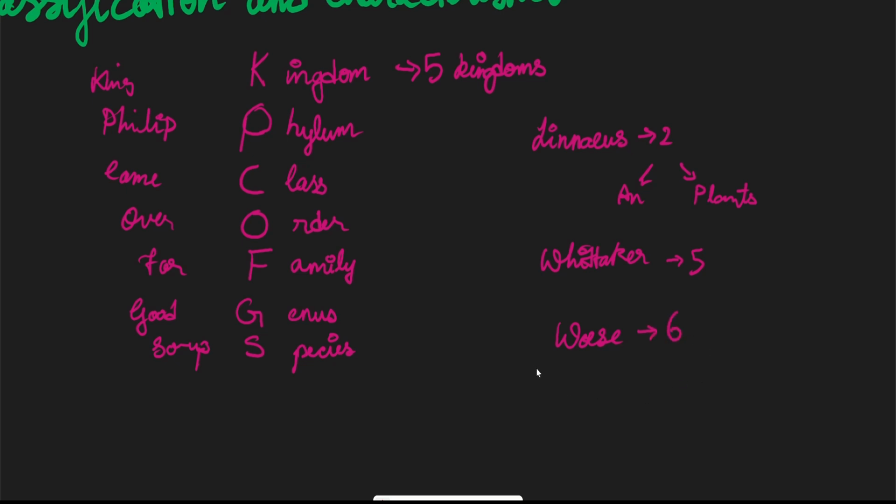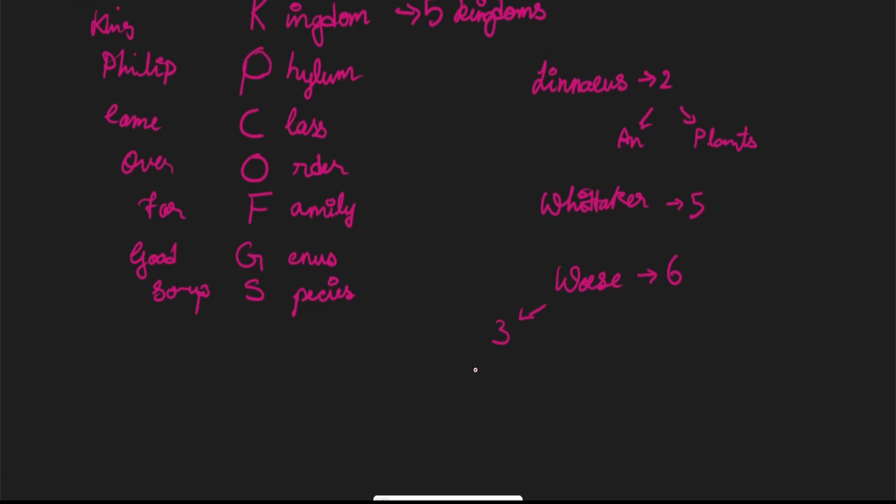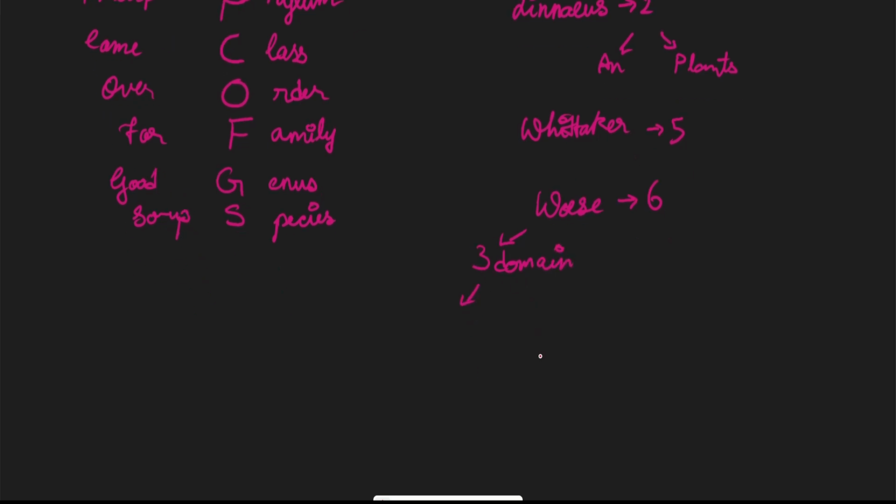One is a 6 kingdom system, and the other is a 3 domain system. This is a domain system, not a kingdom. The 3 domains were eubacteria, archaea, and eukarya.